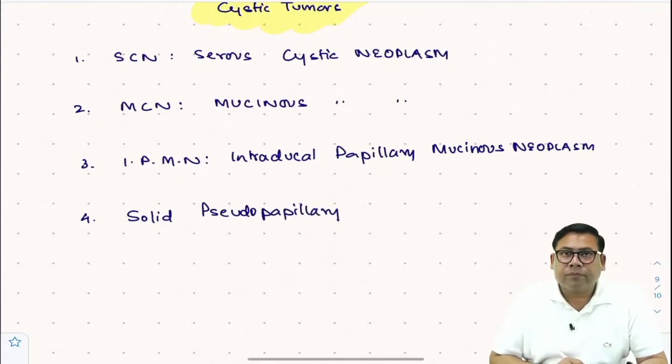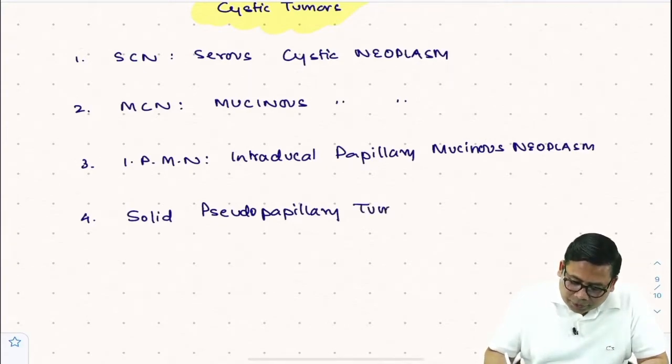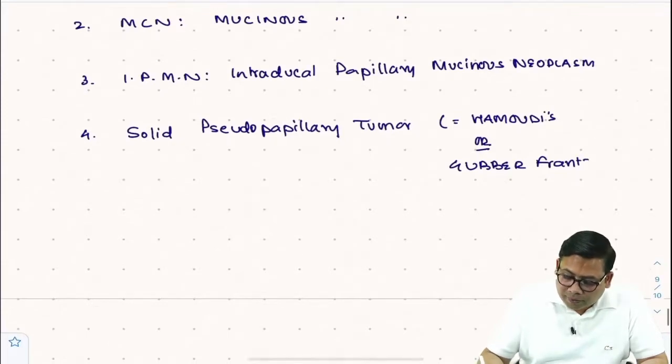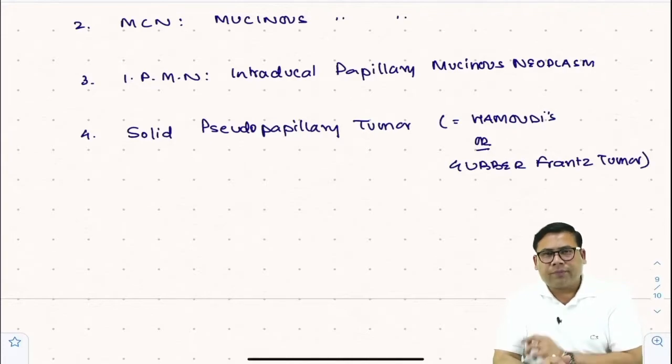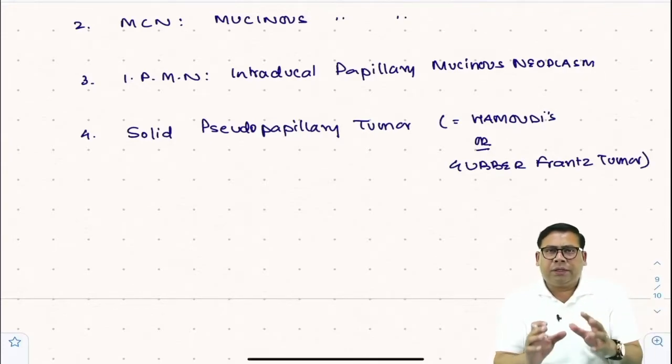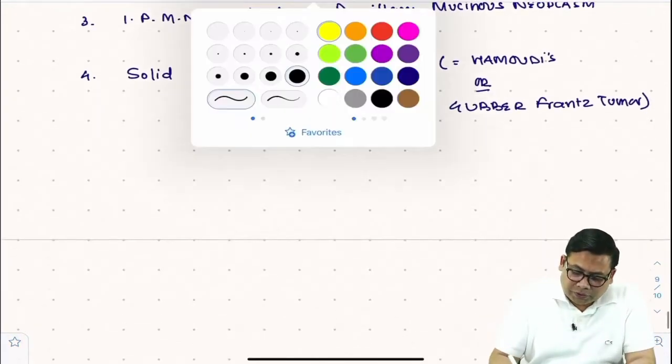This is also known as Hamoudi's tumor or Gruber-Frantz tumor. Try to understand a lot of things about them: what they are, how they are different from a pseudocyst, and how to approach them. We will have a discussion on the consolidated approach, so let us talk about that.